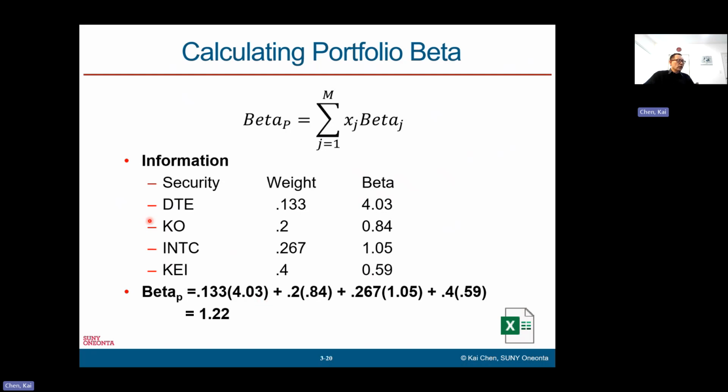For Coca-Cola, we do the same thing. This is the weight of Coca-Cola, then times the beta of Coca-Cola. We do the same thing for all assets in the portfolio, and then sum them up. In the real world, we usually use Excel, or you can use other software, but in our class, we show how to use Excel to do this.